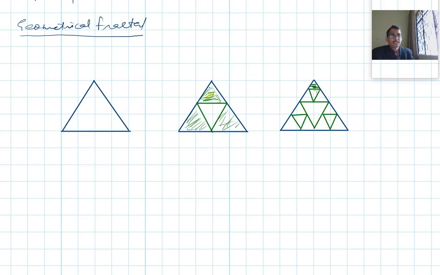So we will remain with this part, this triangle and this triangle. And if we keep on doing this, a very complex pattern will be obtained, and these are known as geometrical fractals. This is known as the Sierpinski triangle.